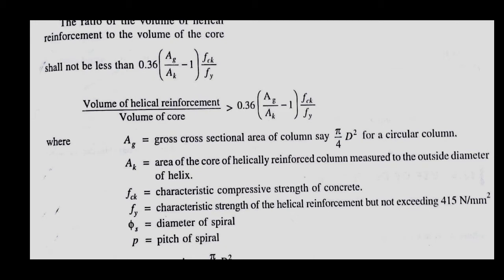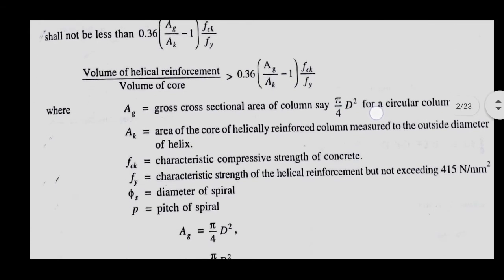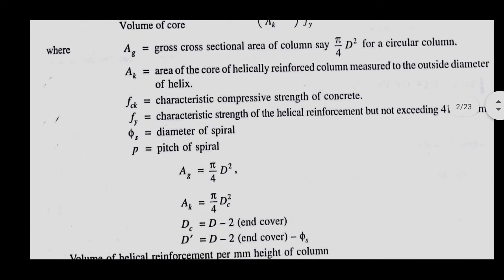Pitch means the center to center distance. Now, Ag is equal to pi by 4 D square. Ak is equal to pi by 4 dc square.